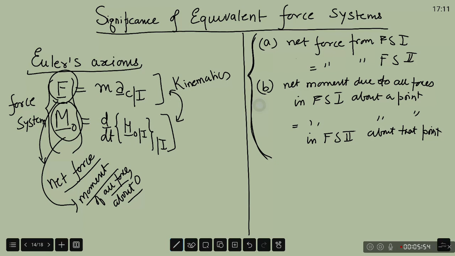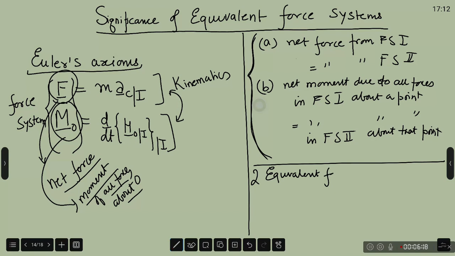Okay, so the significance of equivalent force system is, I am writing here a statement: two equivalent force systems will cause identical motion of an RB.